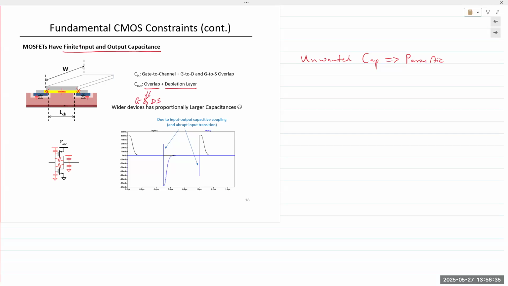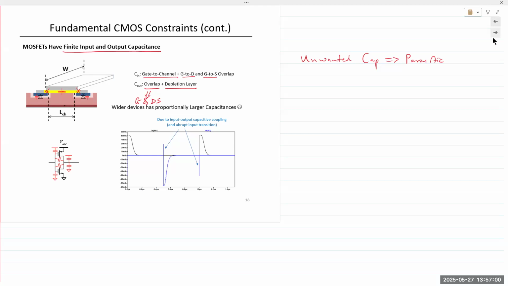Gate and drain, source on either side. And then there's a depletion layer capacitance underneath the gate on both the drain and the source side. And then, of course, on the input side, you have the gate to channel, gate to drain, and gate to source. All of these capacitances, well, they have their pros and cons.